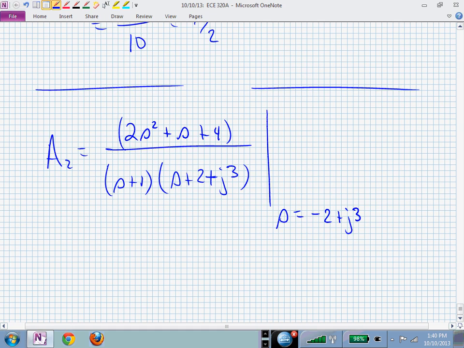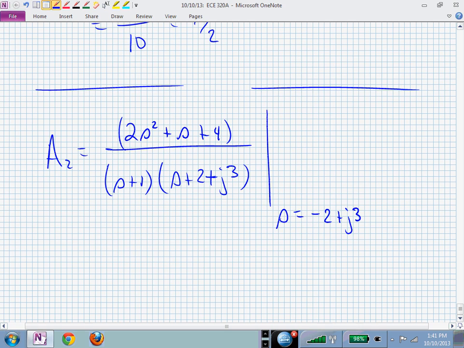This is critical. You need to make sure that you keep the right root and you don't cancel the wrong factor in the denominator. That s plus 2 quantity squared plus 3 squared factors into this piece times an s plus 2 minus j3. And you need to convince yourself of that tonight when you go home.